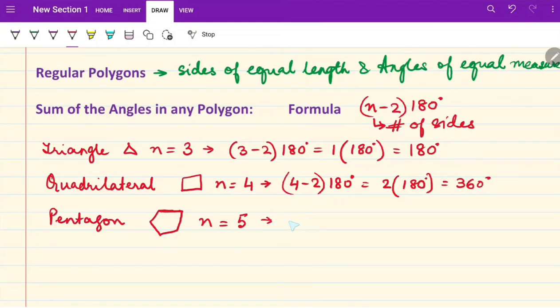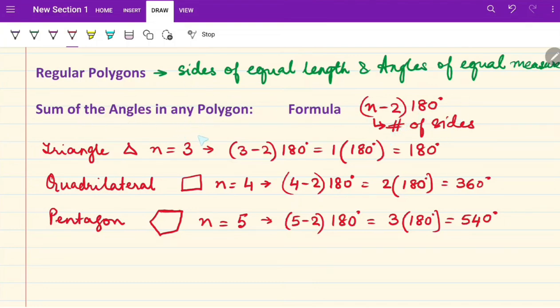So n is 5, so (5 minus 2) multiplied by 180 degrees is 3 times 180 degrees, which equals 540 degrees.